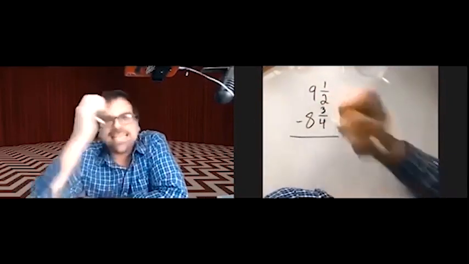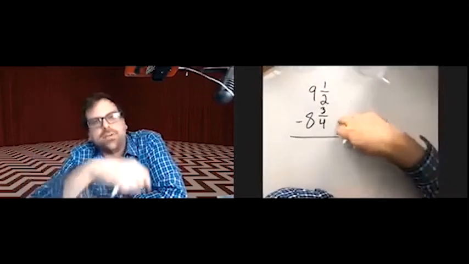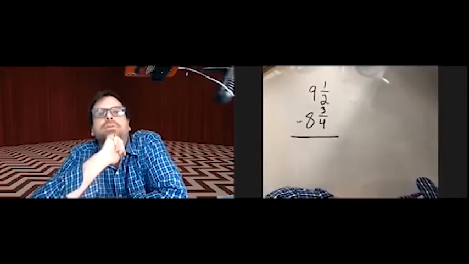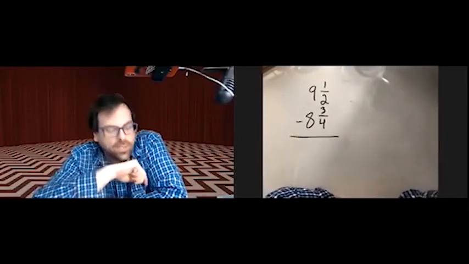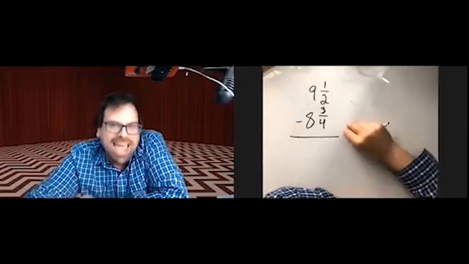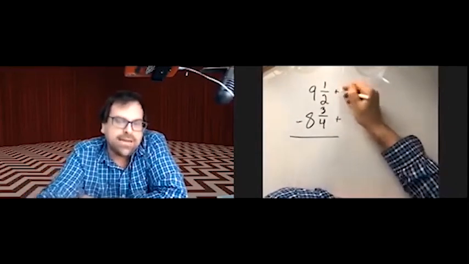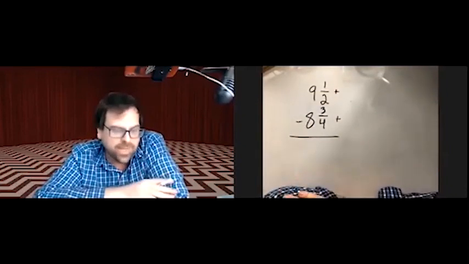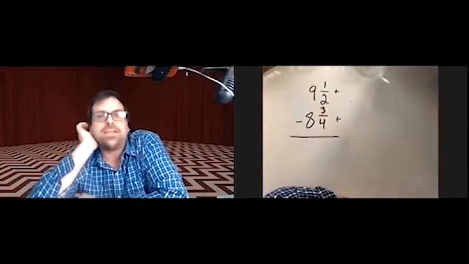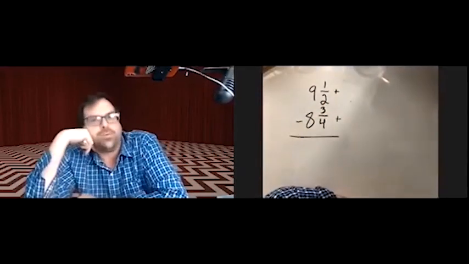So let's guarantee that the second number is going to be a whole number. How can we do that? Well, we're going to add. And whatever we add to one number, we're going to add to the other because we have to keep it all even. Can't just randomly change something and expect to get the same answer unless we make the same change everywhere.